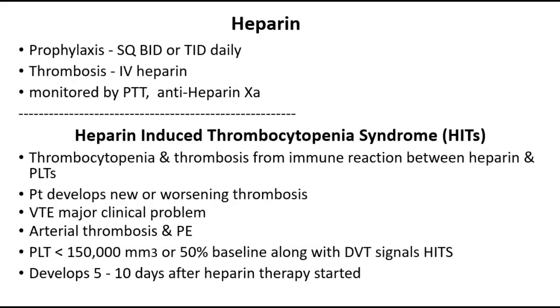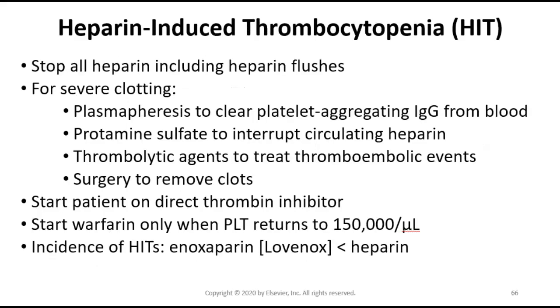And this generally occurs 5 to 10 days after they start the heparin. Any heparin can do this, but it's less likely with Lovenox. So what do we do if somebody has heparin-induced thrombocytopenia? Then we need to stop all heparin. They should not take this ever again. If they have severe clotting, we can try and get them out with plasmapheresis.